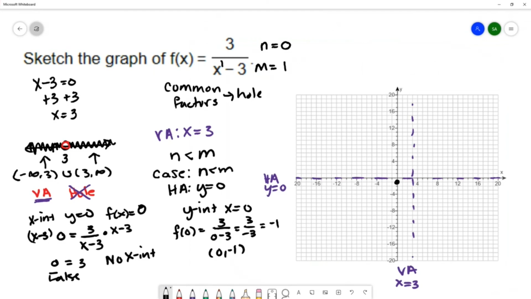So right now I don't feel confident in drawing the graph, so I'd like to choose another point on this graph, and what you want to do is make sure that you have some ordered pairs on both sides of your vertical asymptote.